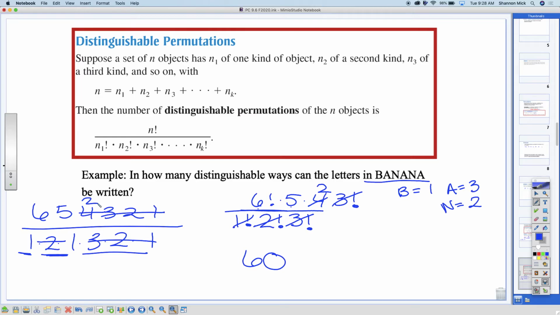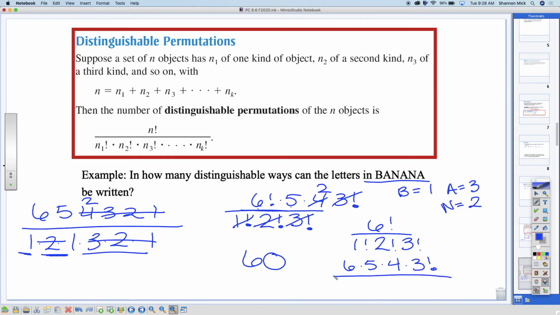Wait, okay, but the top one, the 3, 2, 1 isn't factored out, so could you have just crossed out the 1, 2, 3 on the bottom and the 3, 2, 1 on the top? No, the top is 6 times 5 times 4 times 3 factorial.